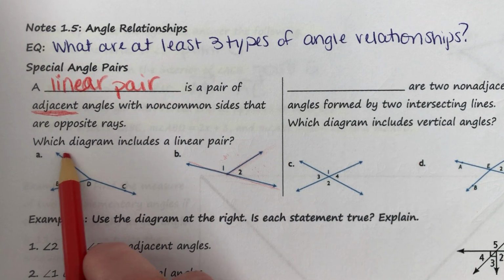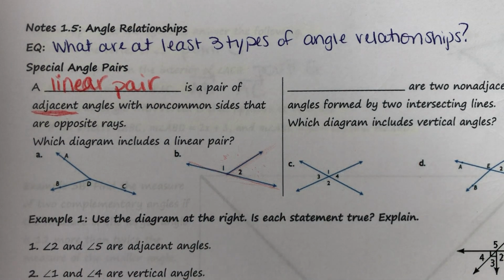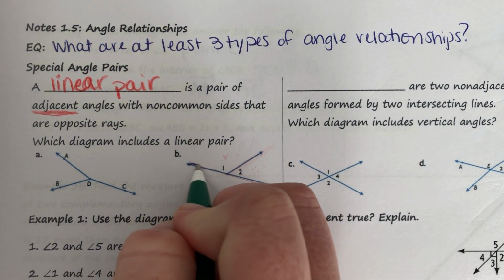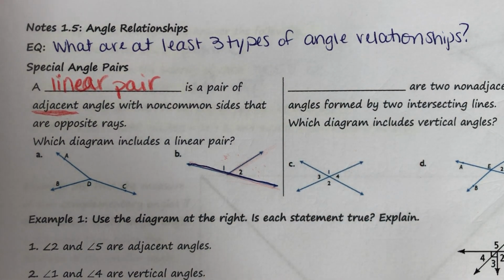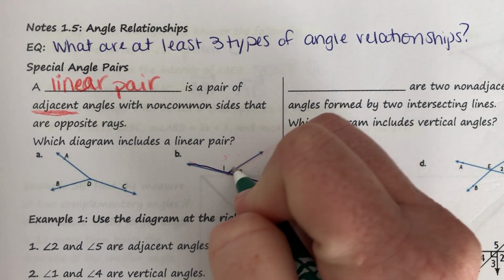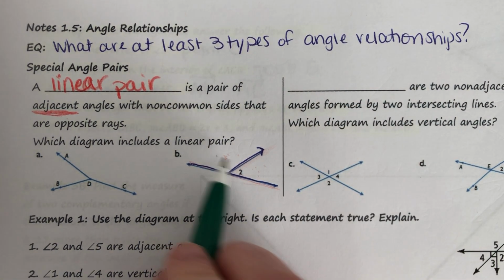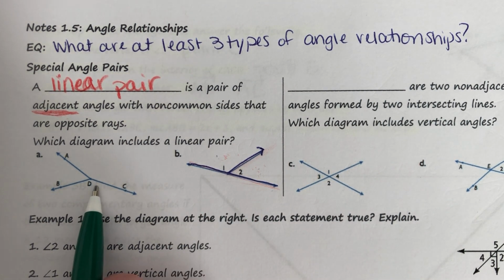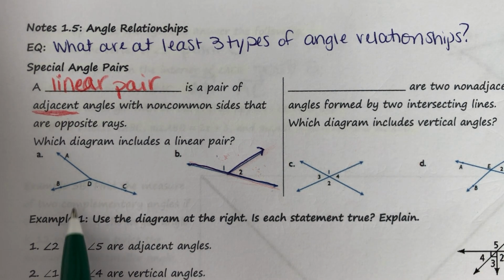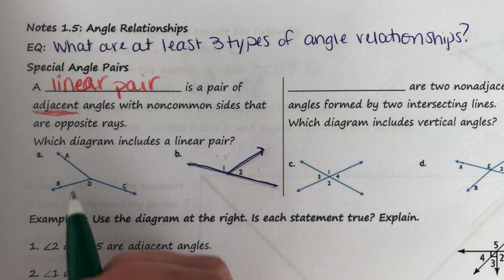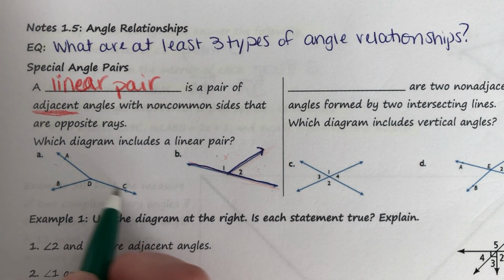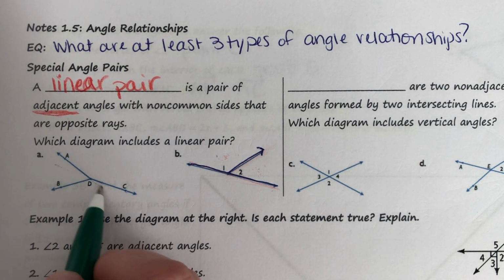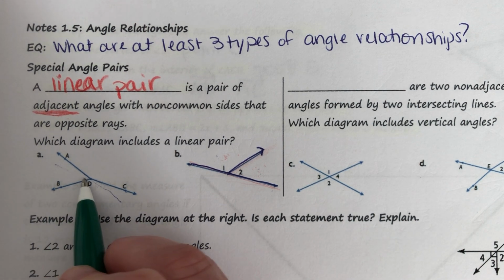Okay, so which diagram includes a linear pair? Which diagram has a perfectly straight line, and the 2 angles make up that straight line? Does this one have a straight line with two angles sitting on it together? Well, no, these two angles aren't sitting on the same straight line, right? This line's not straight, it's all crooked.